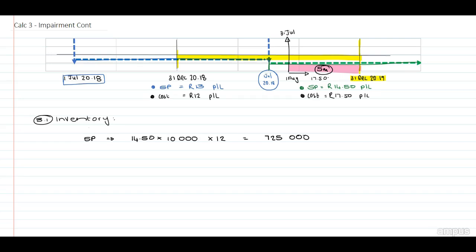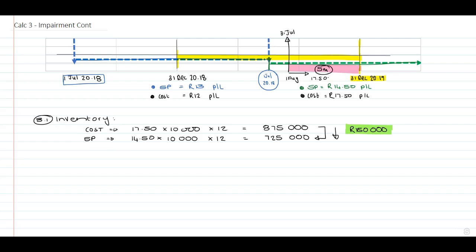But the cost, our purchase price, is the 17 Rand 50 times 10,000 times 12, and this is an amount of 875,000. Therefore, we have an adjustment of 150,000 to our inventory. Right, okay. Therefore, we need to adjust our inventory.